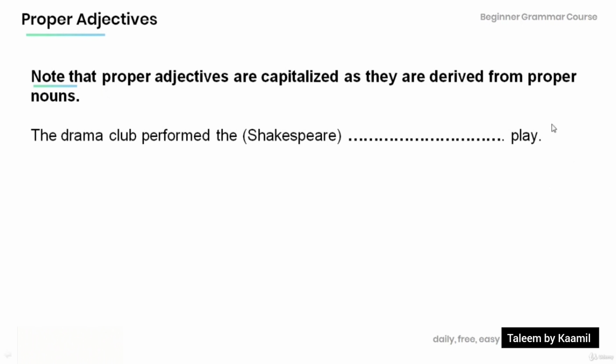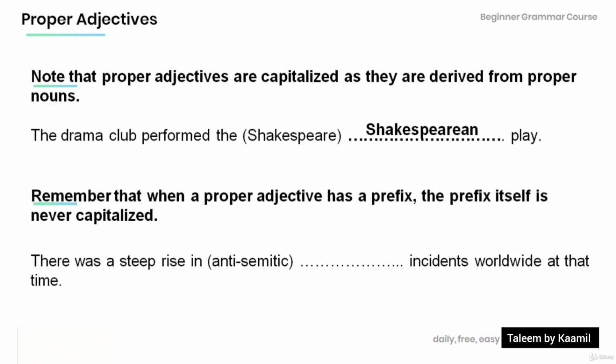Have a look at the following sentence and fill in the blank using the appropriate proper adjective. The drama club performed the Shakespeare play. Shakespearean play. Also remember that when a proper adjective has a prefix, the prefix itself is never capitalized.